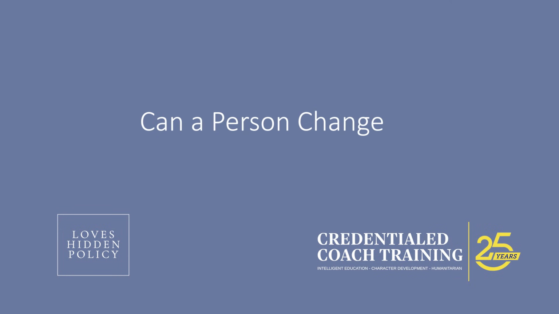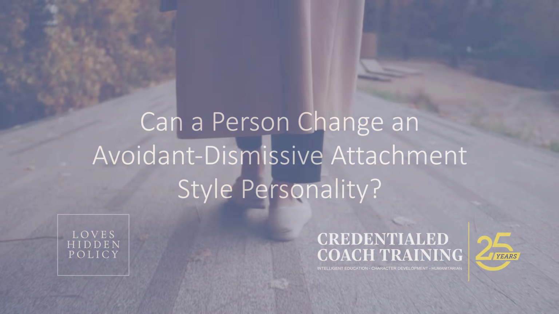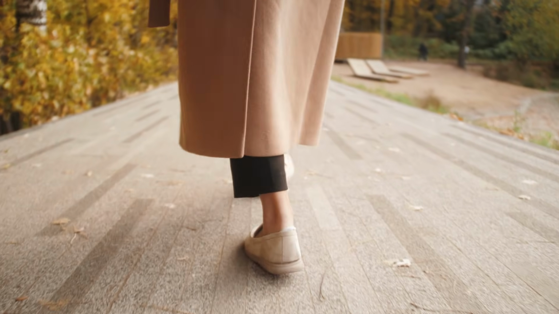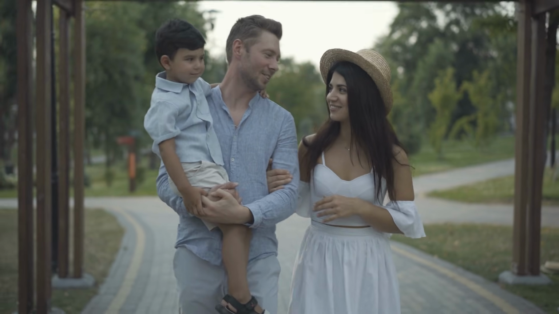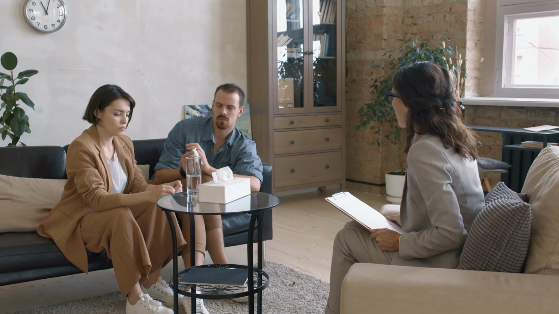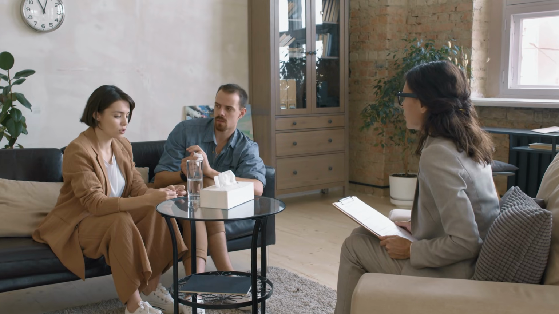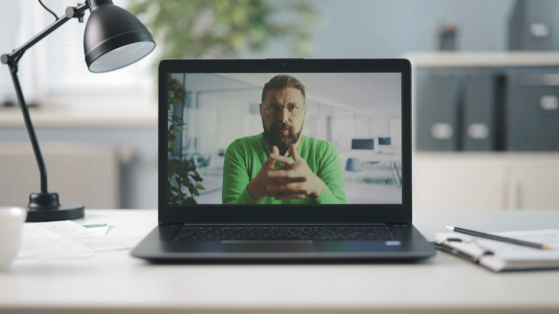Can a person change an avoidant dismissive attachment style personality? It is possible to work through an avoidant dismissive attachment style to be a secure attachment style. It may though take some time and effort with regular weekly sessions with a highly skilled professional counselor, therapist, or credentialed coach.